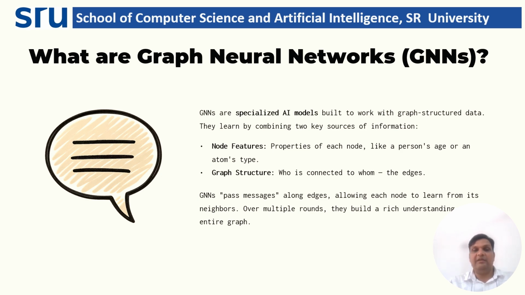GNNs are AI models built especially to work with graph-structured data. They learn by combining two sources of information: node features, the properties of each node like a person's age or an atom type, and graph structure, who is connected to whom, the edges.